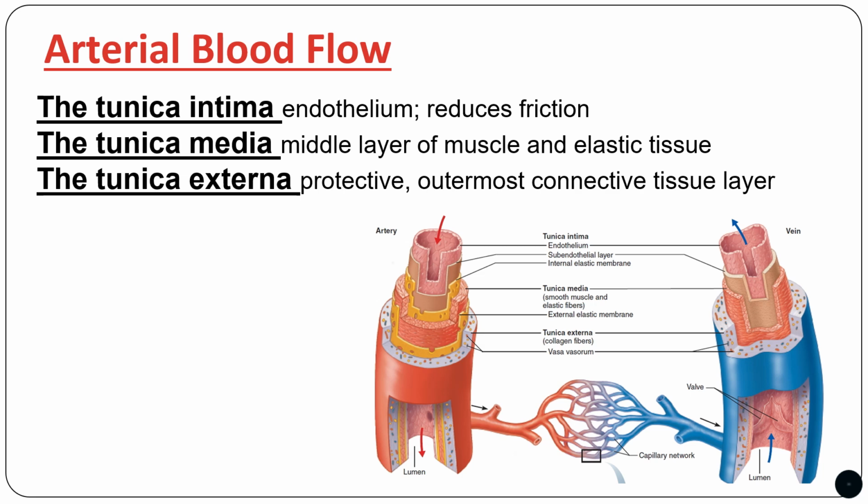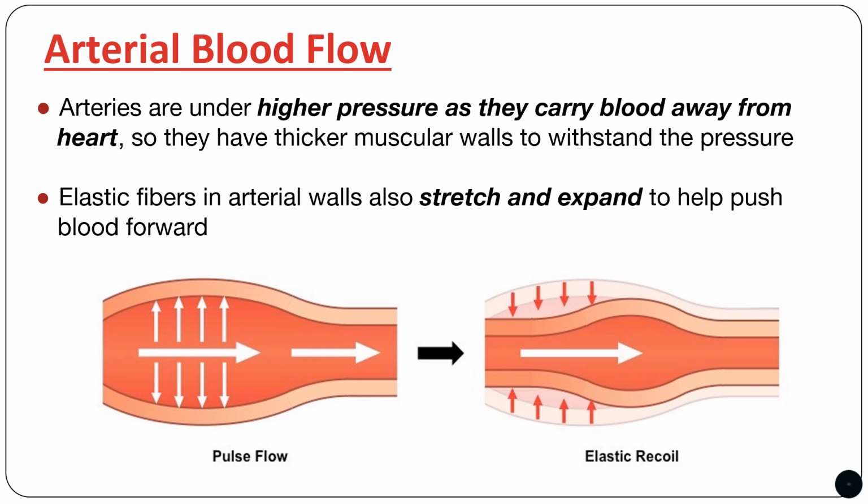The middle layer is the tunica media. This is primarily a layer of muscle and elastic tissue to help these vessels vasodilate or vasoconstrict depending on what we need. And then the tunica externa is the protective outermost tissue layer that helps to keep these vessels from getting too damaged.